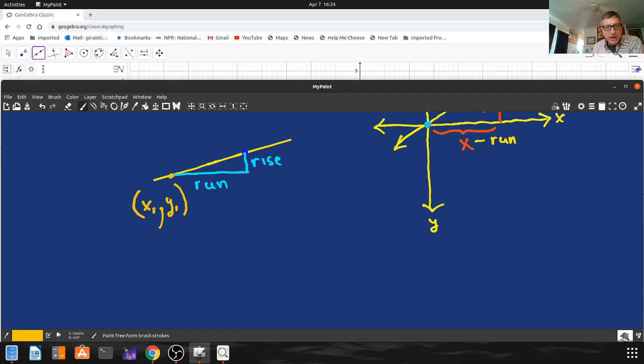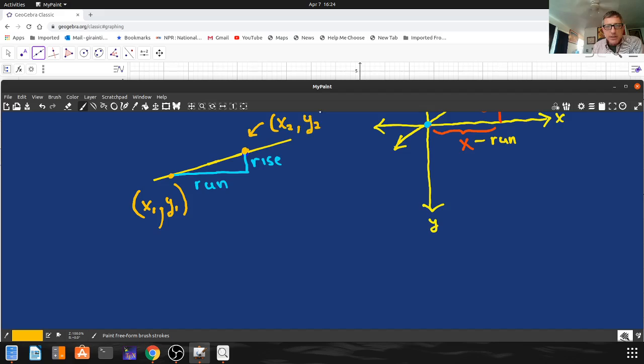And the reason I call it x sub 1 or y sub 1, or more generally x1, y1, is just to say this is a specific value of x and this is a specific value of y. They're constants. And up here at this point, whatever it is, it's also going to have a corresponding x2 and y2 value.